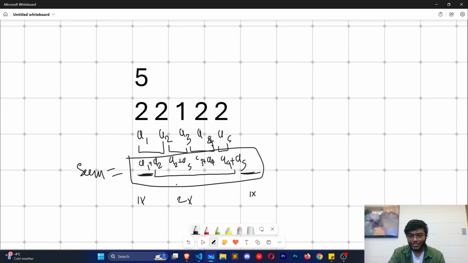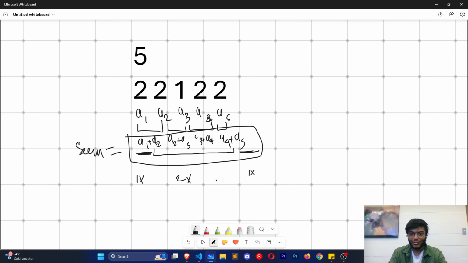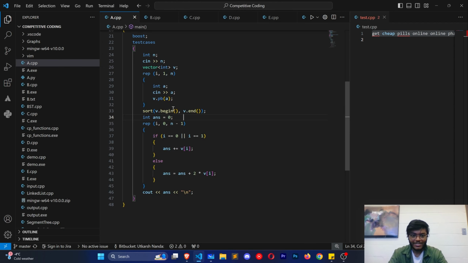So basically we have to find the two smallest values and add them only once, and every other value, from the third smallest till the largest, we'll be adding twice. So let's go to the code.